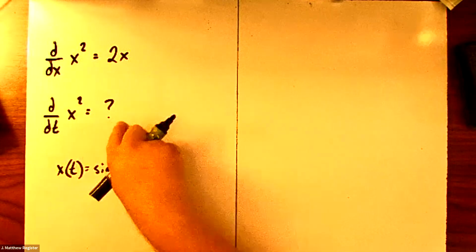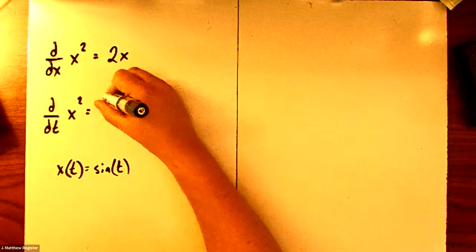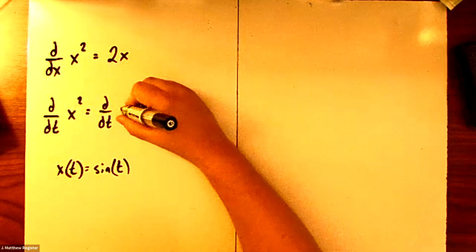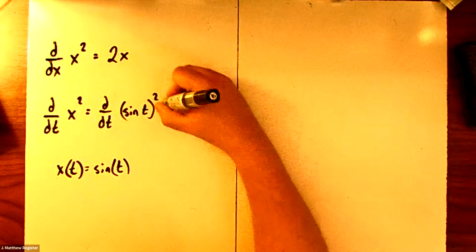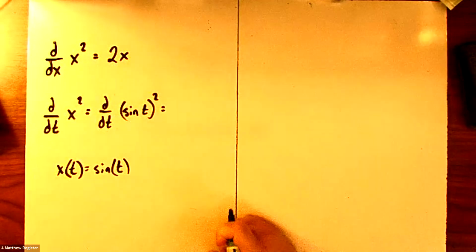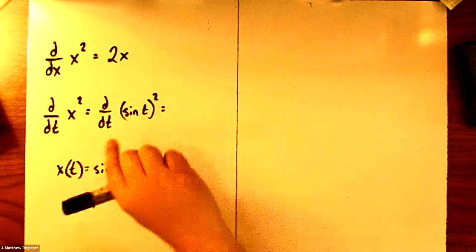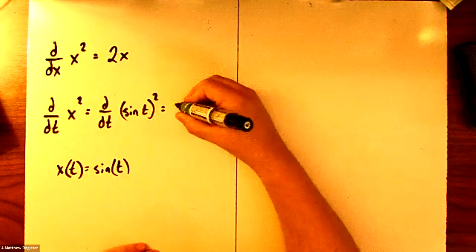Well, then when we do this, we could think of this as being d dt of sine of t squared. And that we can now take the derivative of. The derivative of stuff squared is going to be 2 times stuff.